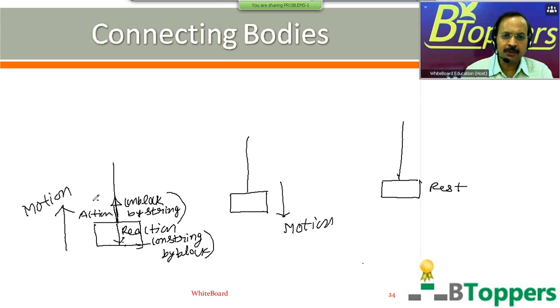This force exerted on the block by the lower end of the string, we can call the tensional force at the lower end of the string. The magnitude of the tensional force is usually denoted by capital T.